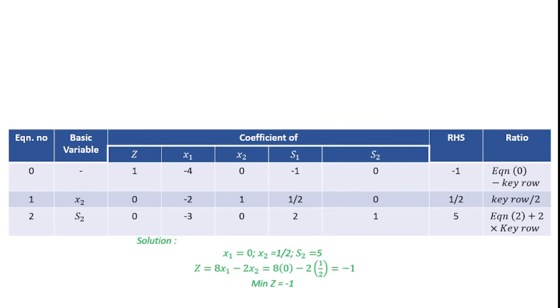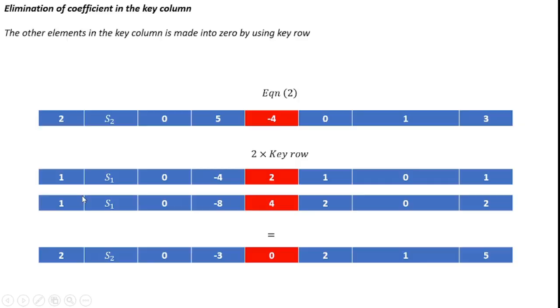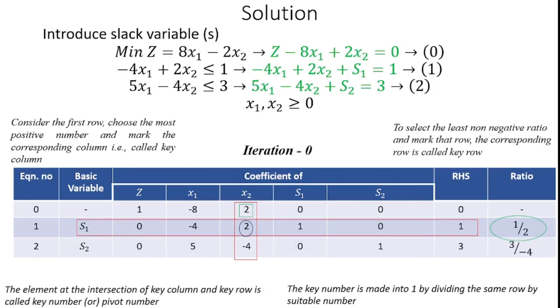How can I choose the optimal value? According to this, how is s1 changed into x2? Yes, this question is also available. Here you see the key row has s1, but the key column has x2. With this I can convert all the elements that are available in the table.